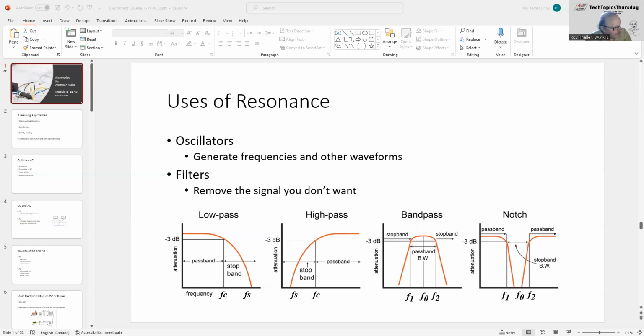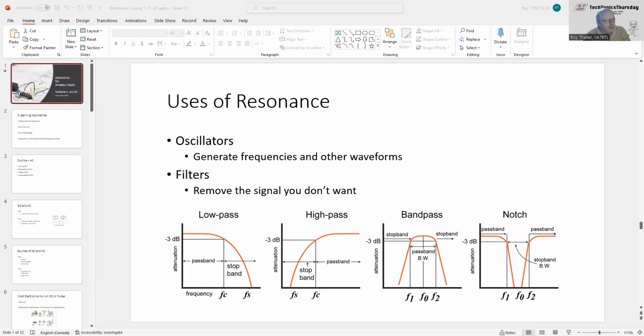So low frequencies go through, and the higher ones are stopped. You can also have a high-pass filter where the low ones are stopped and the high ones go through. Then you can have a bandpass filter, which only allows a certain band to go through. And you can also have a notch filter, which is just the opposite.